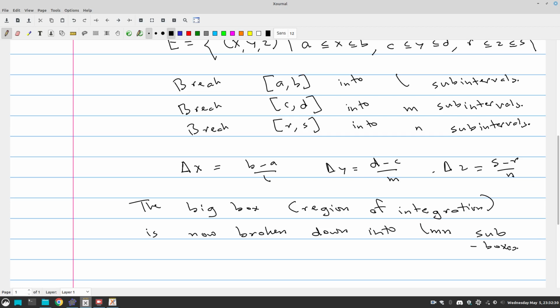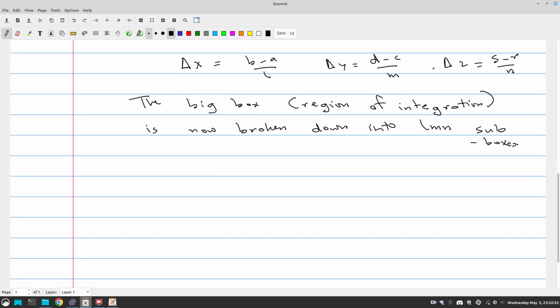Each sub-box, a sub-box being like a subinterval, has volume delta x times delta y times delta z.